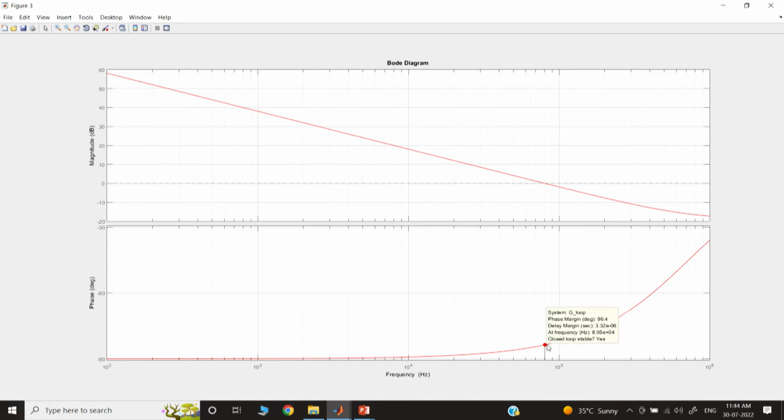You can see we are getting 80 kilohertz as the crossover frequency, and the phase margin is 96.4, a much higher phase margin, because ESR is there, though we have ignored it, but it is at high frequency. Due to that it will give a phase boost, because we are not exactly cancelling, as we did not anticipate ESR, but that is fine.